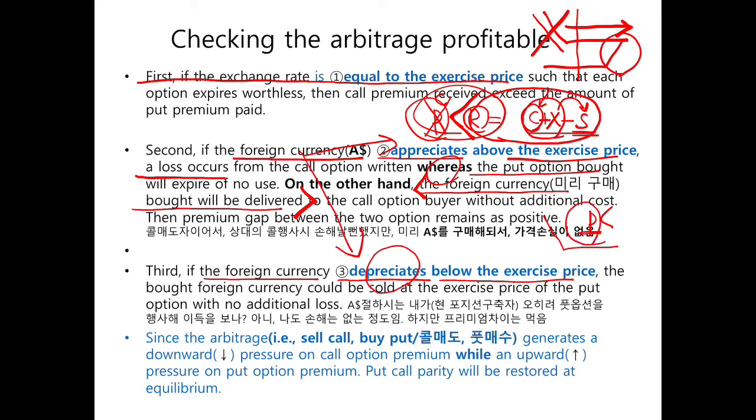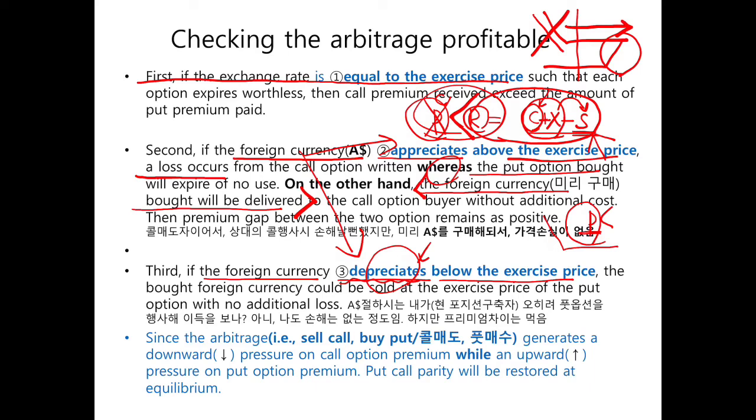Is it entirely good news? Is that all? No, that's not. The bad thing is you bought the Australian dollar, which turns out to depreciate, right? So you will incur a loss from the long position on the Australian dollar which you bought, right?